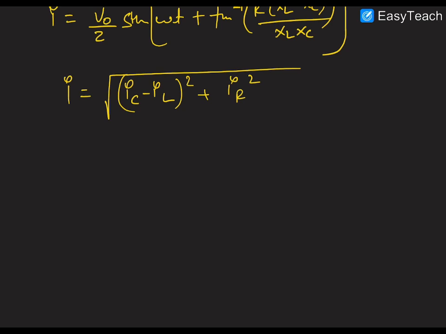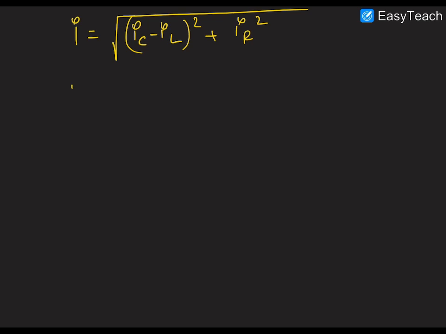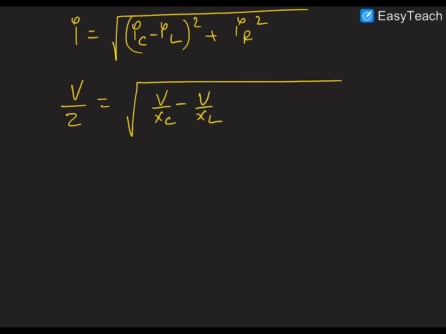And current is equal to V by Z, obviously. And we can write IC as V by XC, IL as V by XL, and IR as V by R.